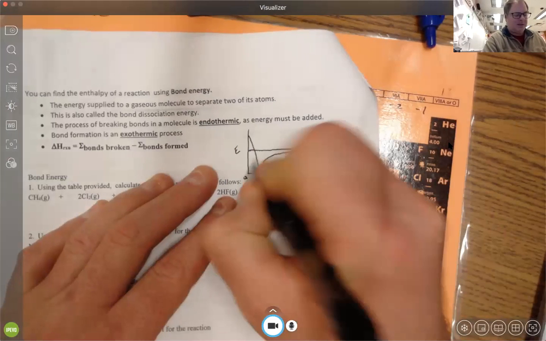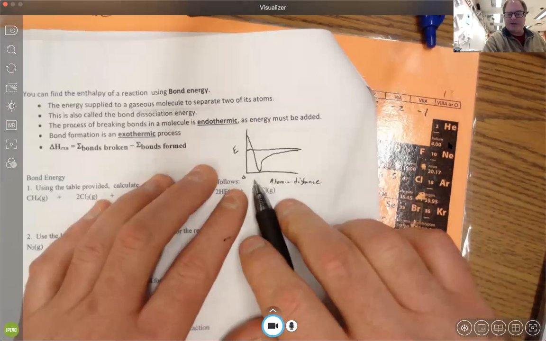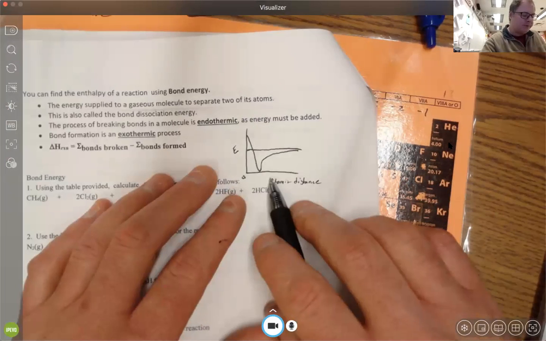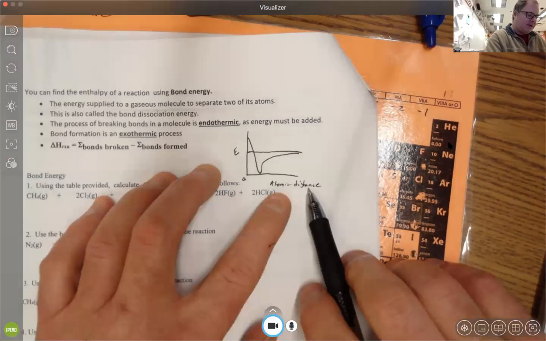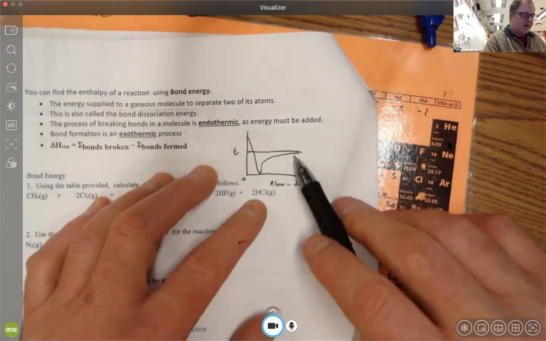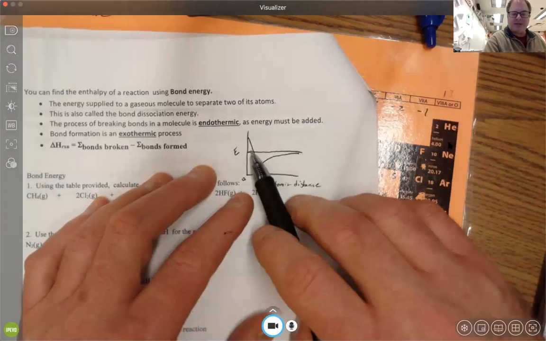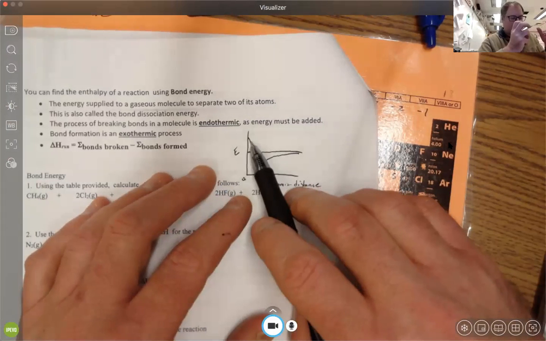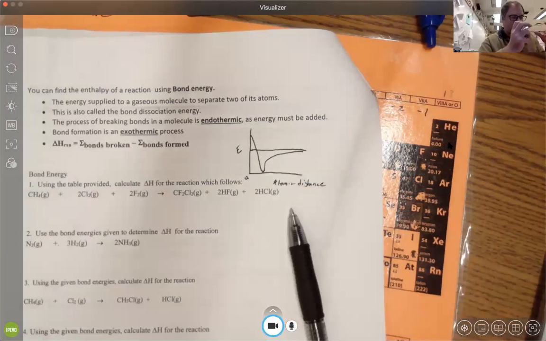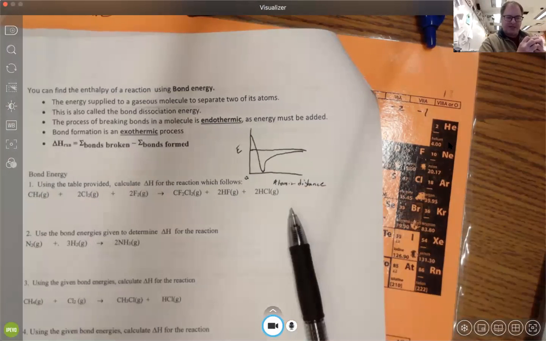And this is that energy, the bond energy diagram based on atomic distance. So if we try to put atoms that are together and we get too close, basically we're fighting the repulsion forces from their nucleus. So we need to put energy in.